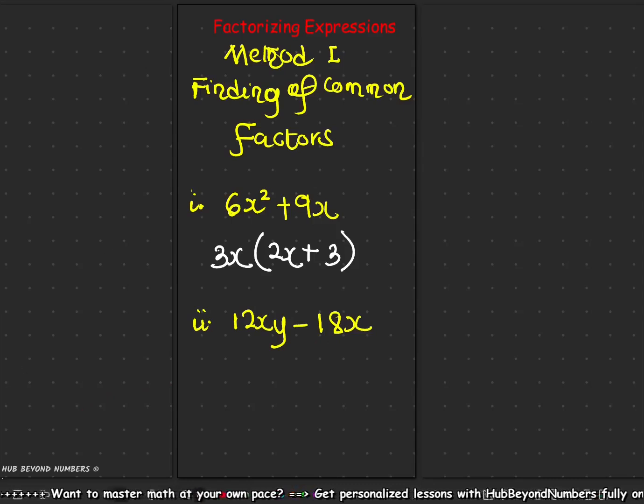So as we can see, we first of all start with the numbers. So we have 12 and then 18 here. What is their common term? Or what number can divide them both? That is certainly 6. So we write out the 6. Hence for the numbers, their highest common factor is 6.